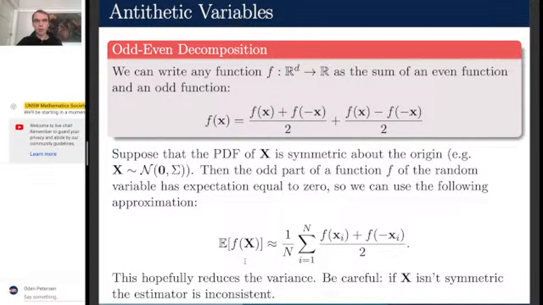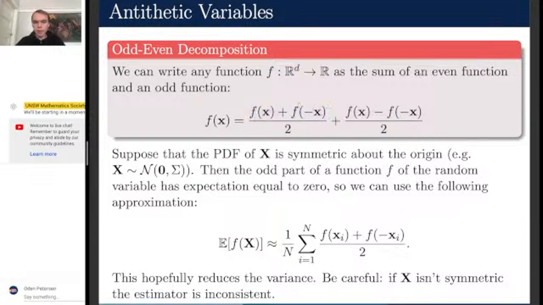Yes, so this next bit is also a way to reduce the variance of a Monte Carlo estimate. It basically comes from this idea of decomposing the function into odd and even components. This is just an algebraic trick. If we take a function f, and this could be any sort of function, and take a superficial look at this right-hand side, we have these 2's in the denominator, so we can combine the numerators.